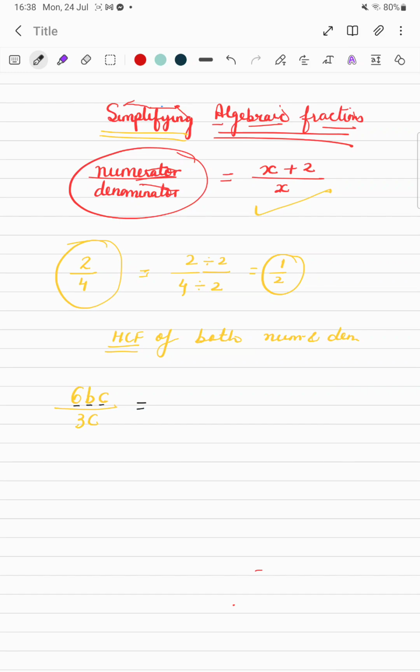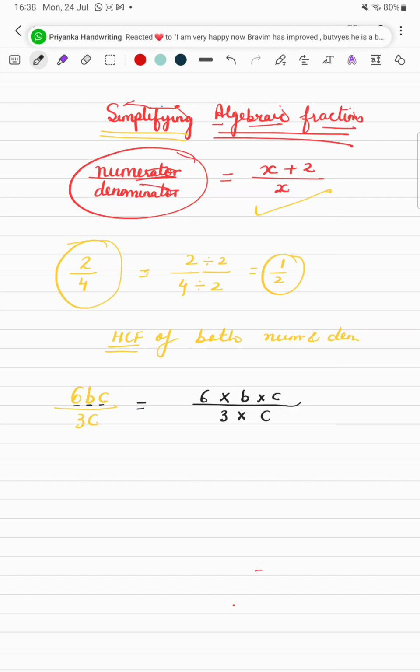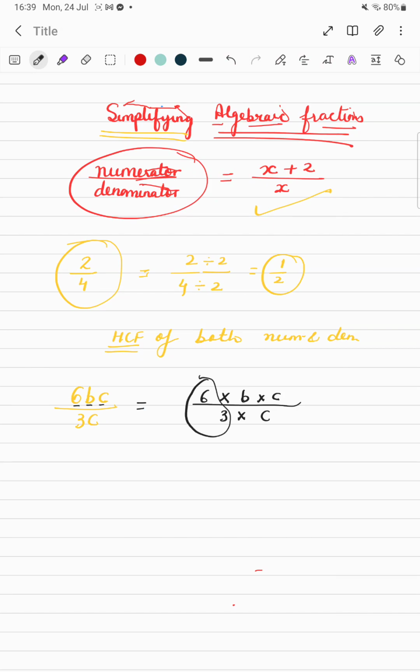First of all, the best way is to write 6bc as 6 multiplied by b multiplied by c. Try to understand it in this way. And this is divided by 3 times c. Now, we can find the common factors for the numbers separately and for the letters separately.